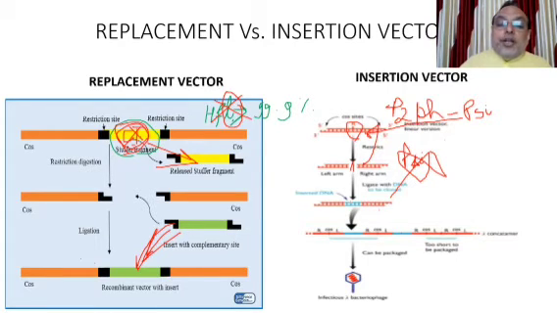This integration causes disruption of the PSI. That means this lambda phage, which was not multiplying in the presence of the P2 phage, will now multiply in the presence of the P2 phage.